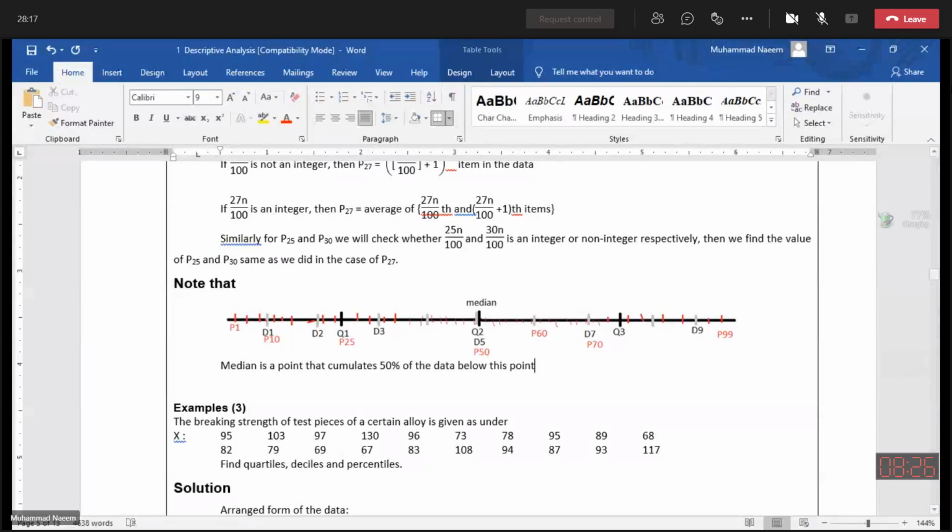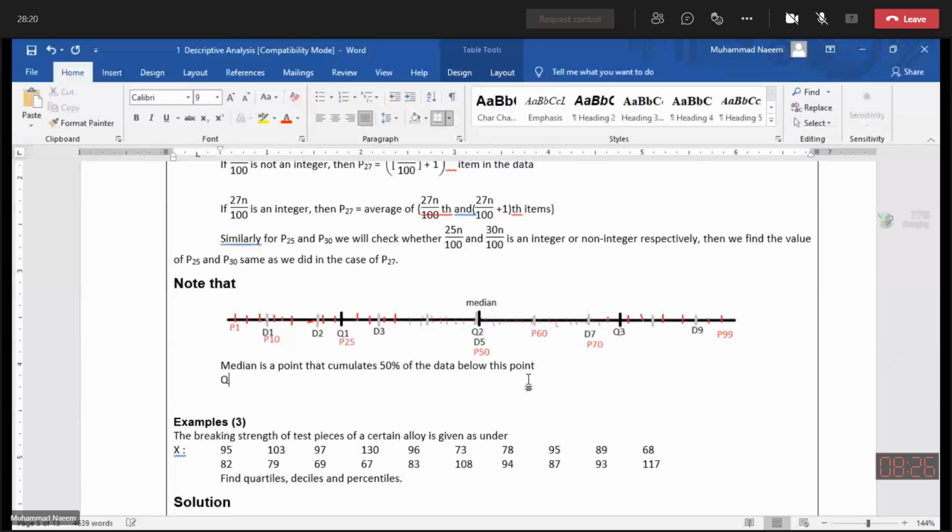Okay, then what about Q1? Q1 is a point that accumulates 25% of the data below this point.